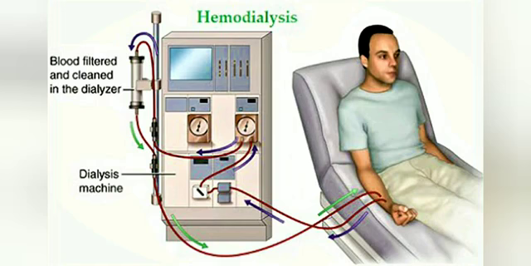From that radial artery, the patient's blood is removed, and it is then passed through a cellophane tube that acts as a semi-permeable membrane. The cellophane tube is immersed in a fluid called dialysate. Dialysate is isoosmotic to normal blood plasma.